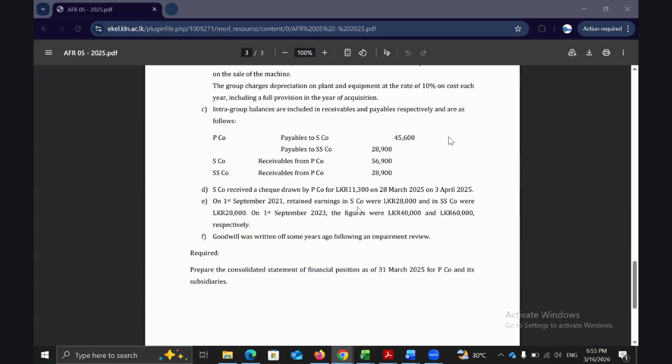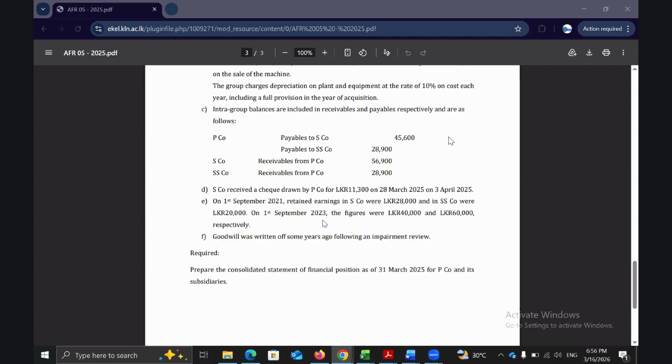On 1st September 2021, retained earnings in S were 28,000 and SS were 20,000. On 1st September 2023, figures were 40,000 and 60,000. Out of these figures, we need to take the figures as of 1st September 2023.